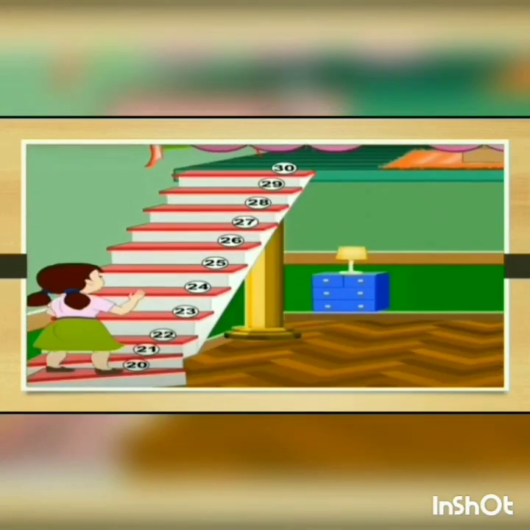We can see in this picture, one girl is climbing from the smaller numbers to the biggest number, from 20 to 30. So, she is climbing from the smallest number to the biggest number. This is called ascending order.